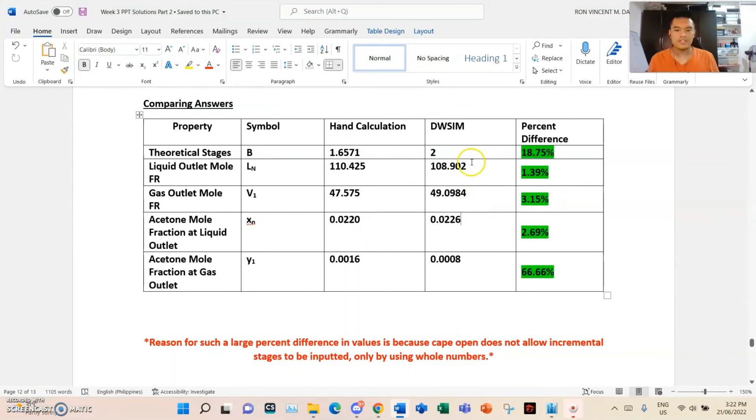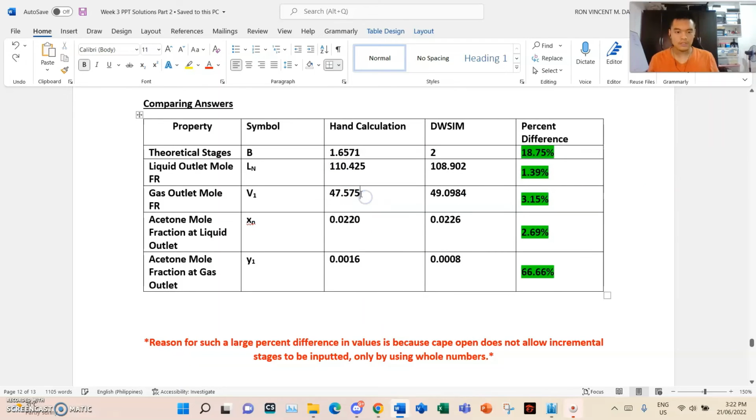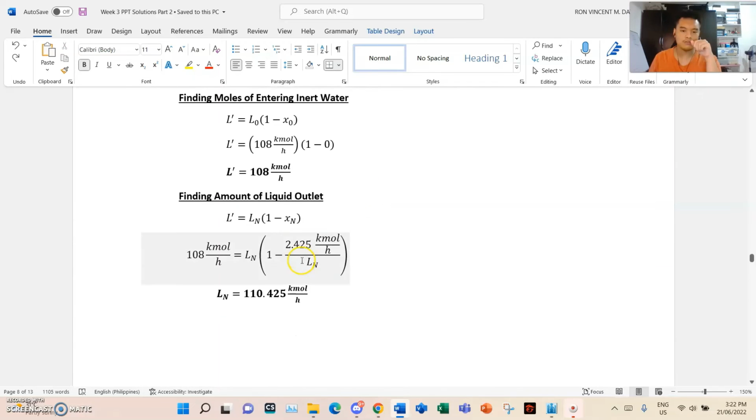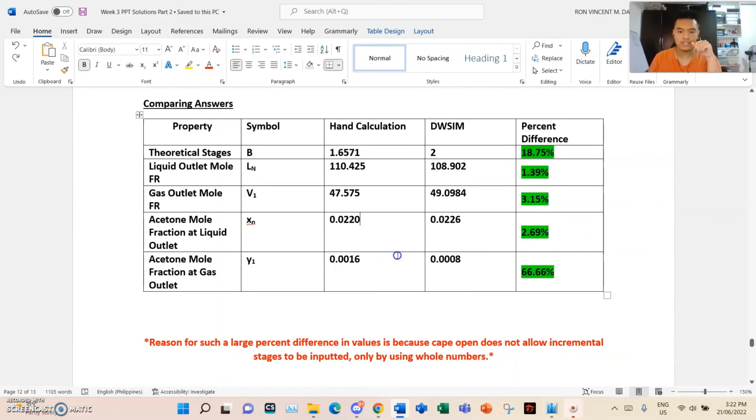So these are the DWSIM values, and these are my hand calculation values. To double check, my hand calculation is 110.425. Then I calculated the percent difference between the two, and these are the percent difference values.